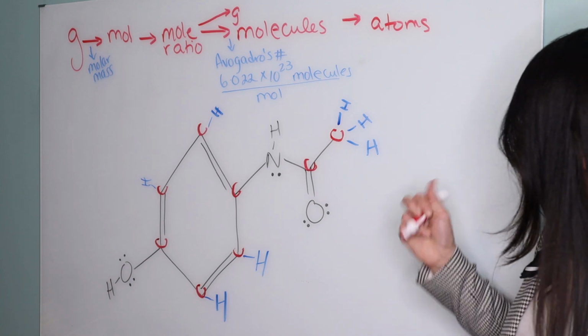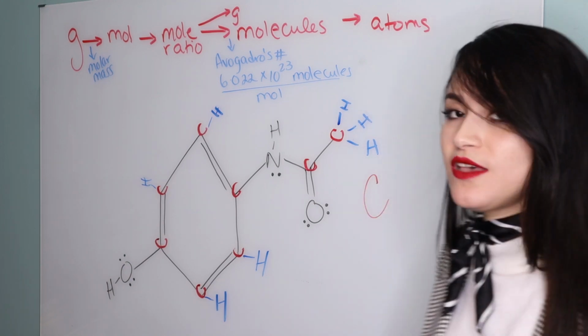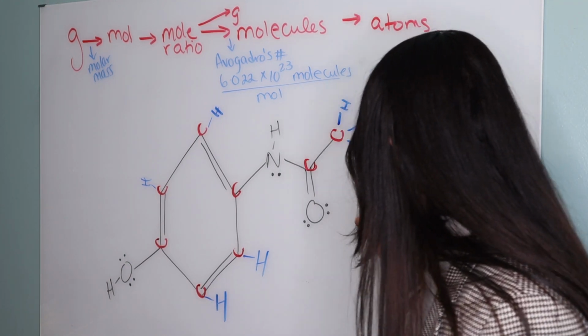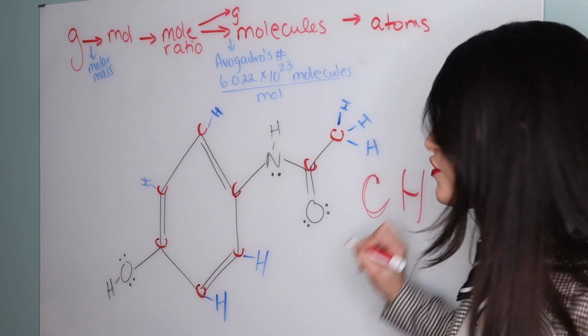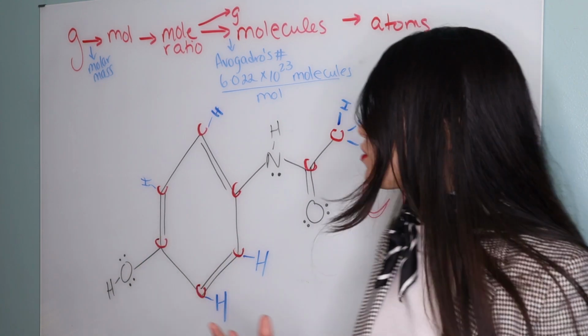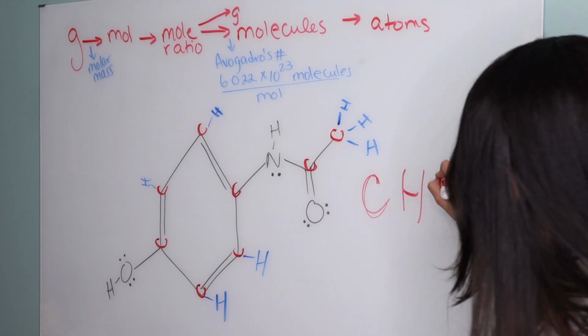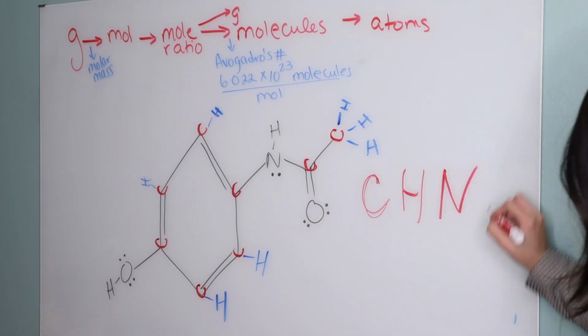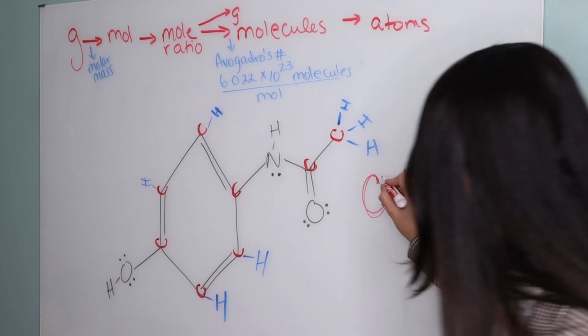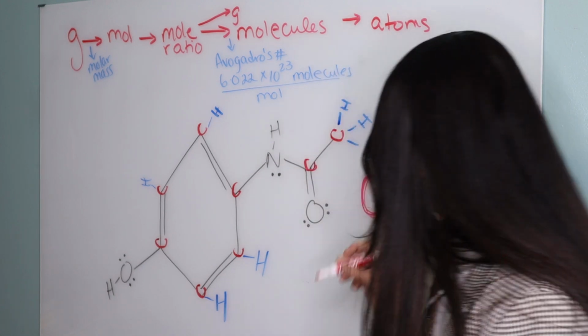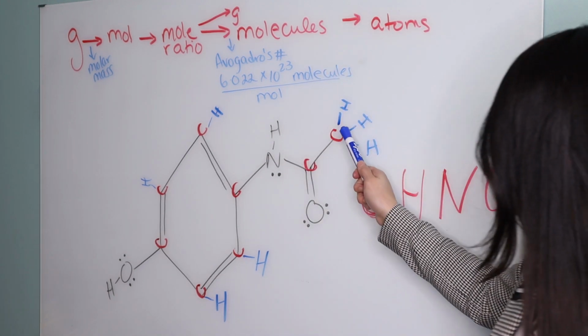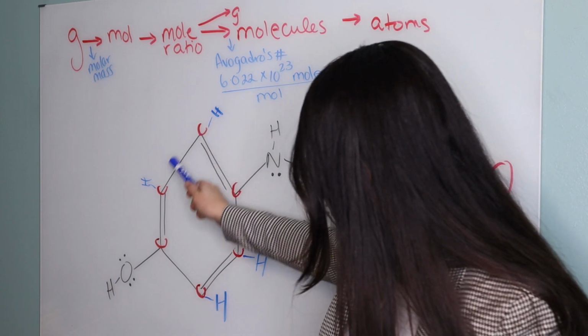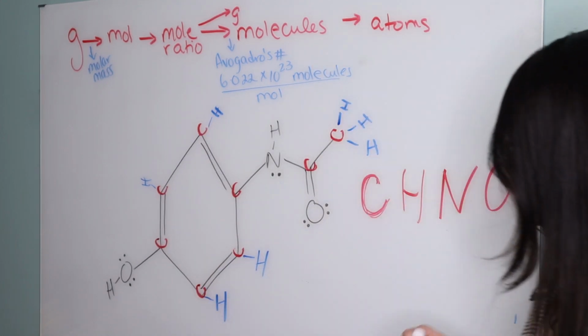So over here, we have carbon, and we said first we write carbon, then we write hydrogen, and then in alphabetical order. So then it will be nitrogen and then oxygen. Now let's go ahead and figure out how many of each. So for carbon, we have 1, 2, 3, 4, 5, 6, 7, 8.